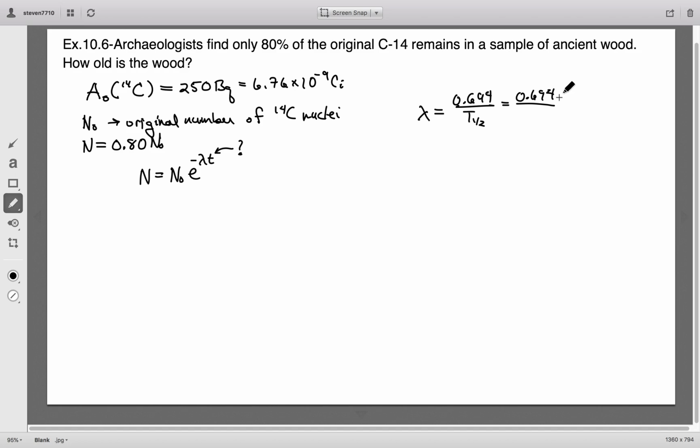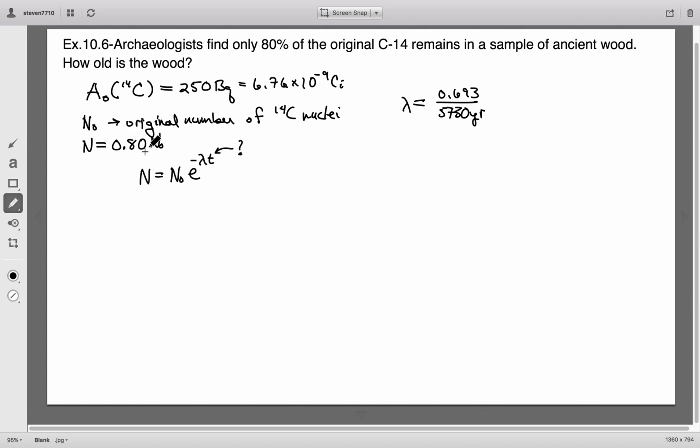Lambda equals 0.693 over the half-life, 5730 years. I'm going to leave it in years, because we're going to get the answer in years, and that sounds good to me.